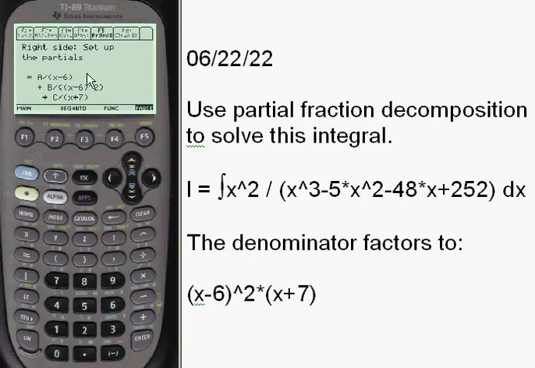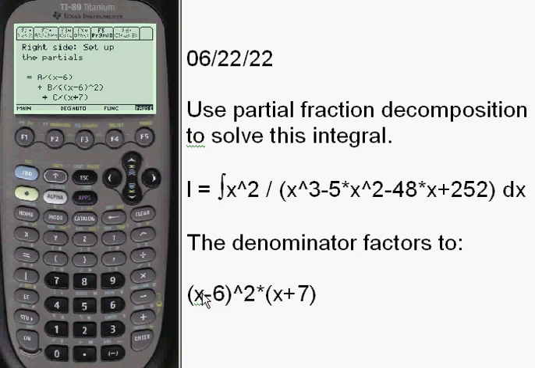And then on the right side, we set up the partials: A over x minus 6, plus B over x minus 6 squared, plus C divided by x plus 7. Now when you set up these partials, this is the tricky and important part, because on a lot of tests you might just have to set up the partials, and then you have to know what to do. Anytime you see a square here like this in partial fractions, you divide that.